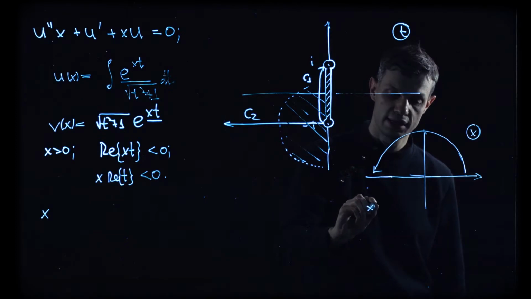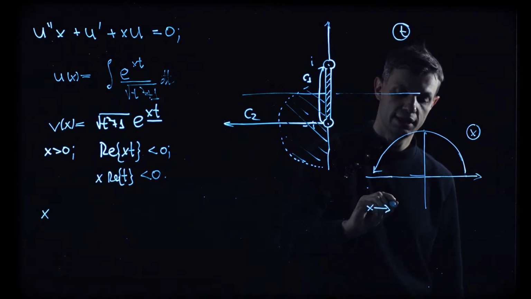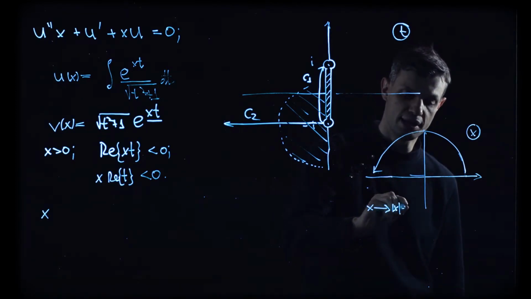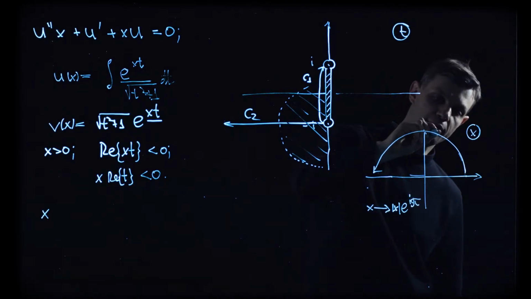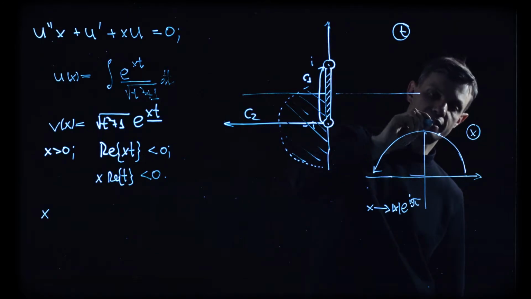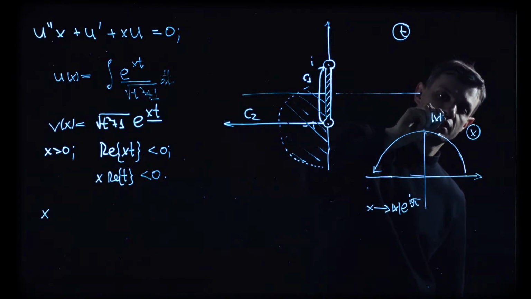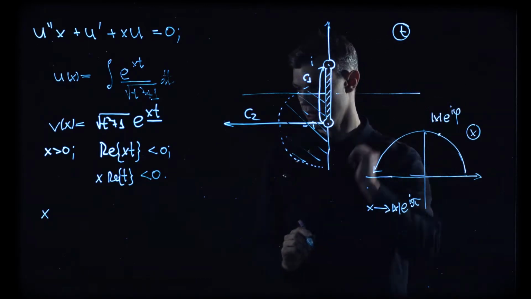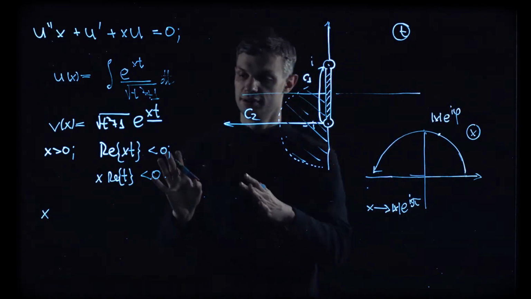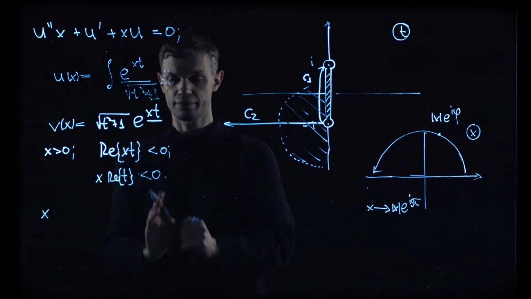So x changes to modulus x times e to the i pi. And here, for example, when x is here, it's simply modulus x times e to the i phi, where phi changes from 0 to pi. All right, so let's look at this condition.